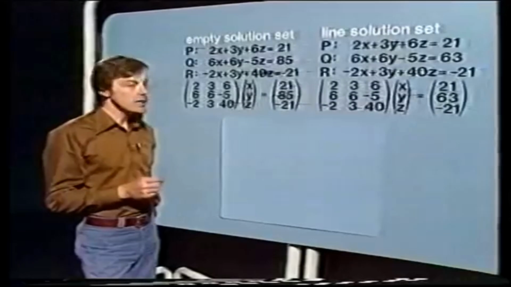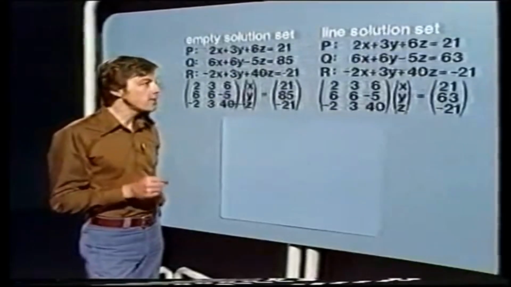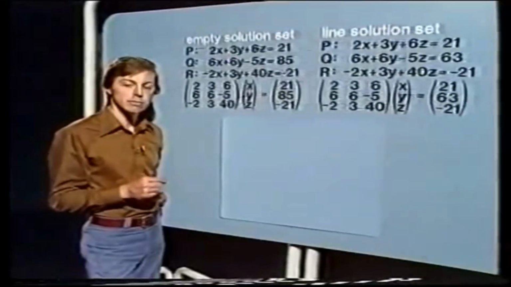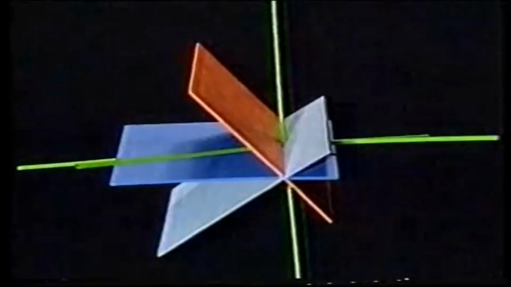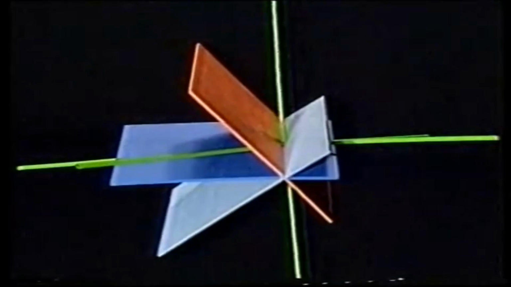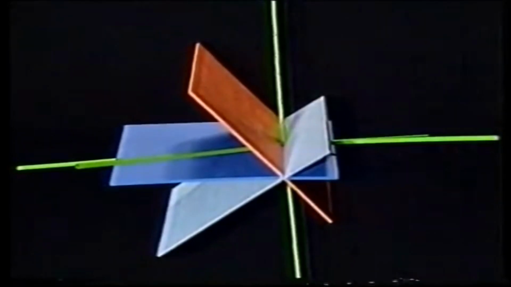But first, let's look at that left-hand side again in a little bit more detail to see if we can get a clue. This is the homogeneous form, and they do have a solution set, a line through the origin. Remember when we first looked at a plane representing a solution set, we included the coefficient vector on the plane, and since then we've usually not included it, simply to make it easier to see the planes.